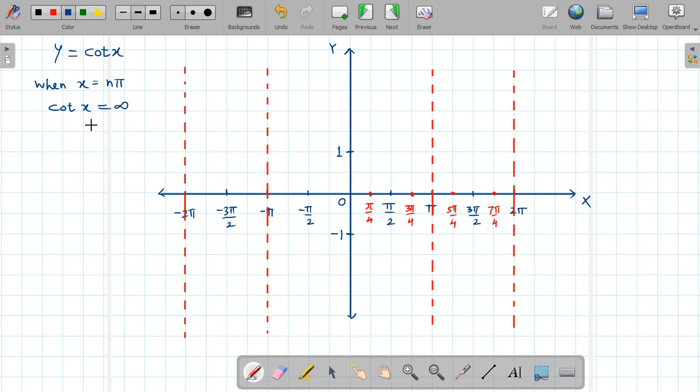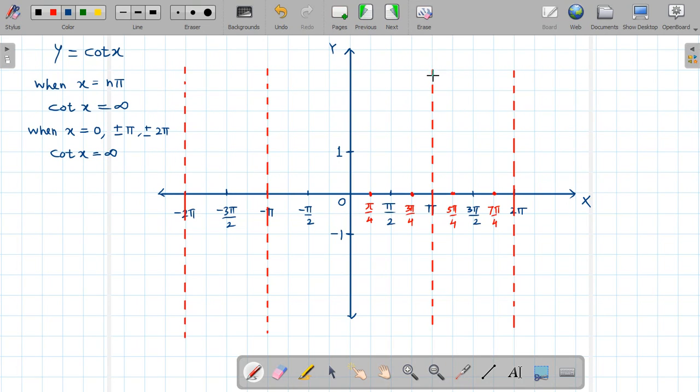So in this graph, when x is equal to 0, plus or minus pi, and plus or minus 2 pi, cot x is infinity.